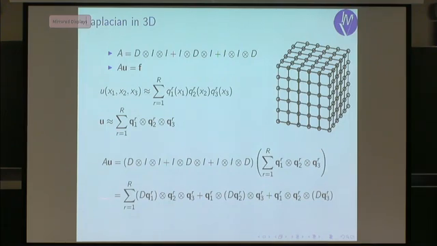I have to use the properties of the tensor product and write down this guy as the sum of tensor products of this small vector. You see that this is the matrix D times Q1. It is here. This is identity matrix times Q2. Identity times Q3 is here, and so on.